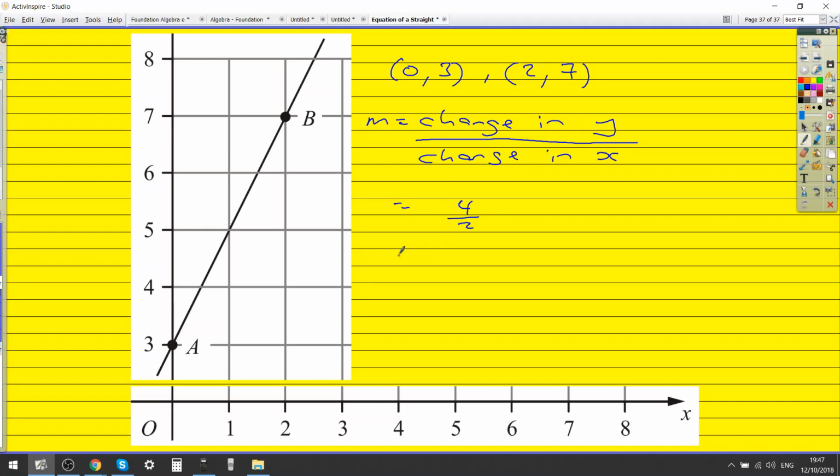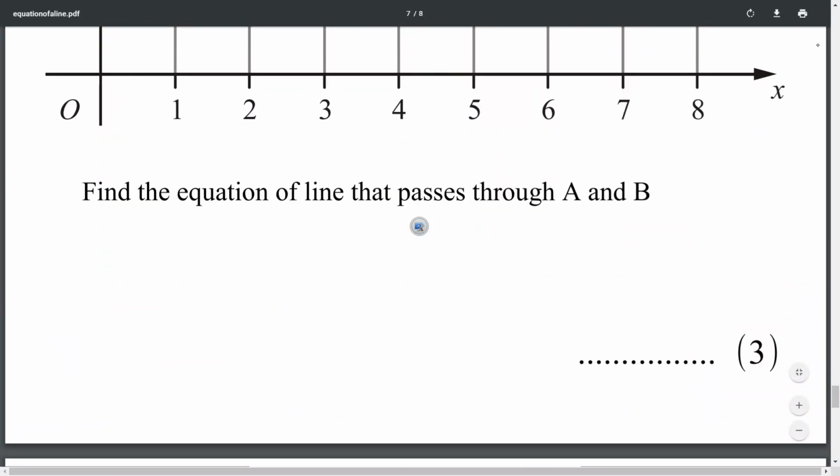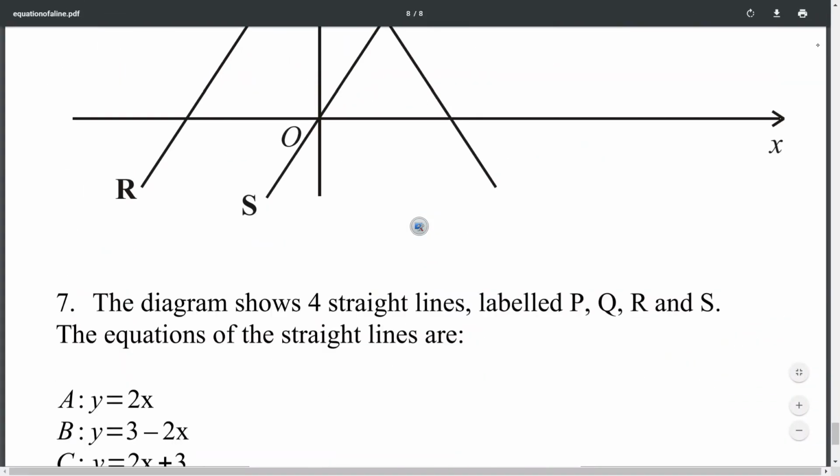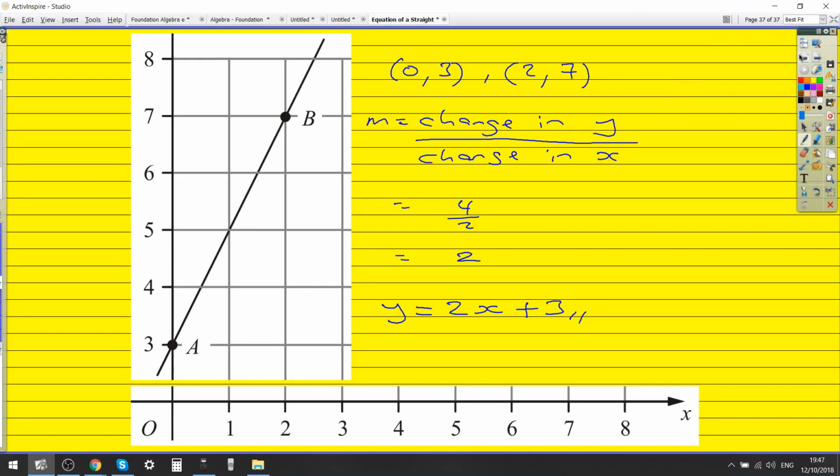So y equals 2x plus 3. Well done. That's it. Got it first shot. And a silly question. Okay, so that's the end of that. Now back to my tricky questions.